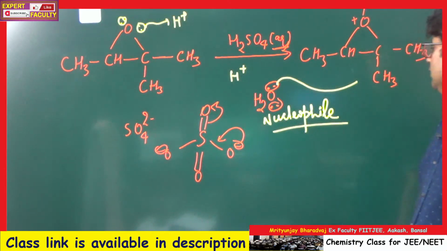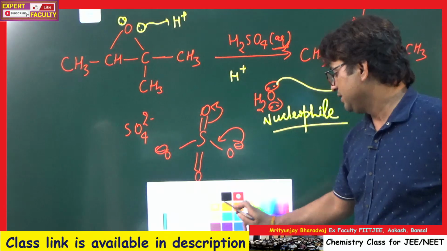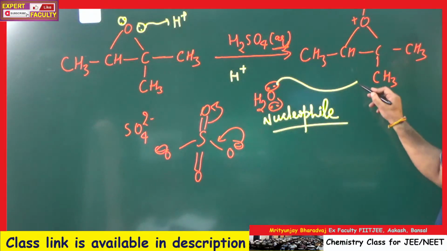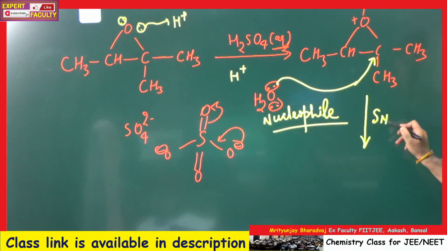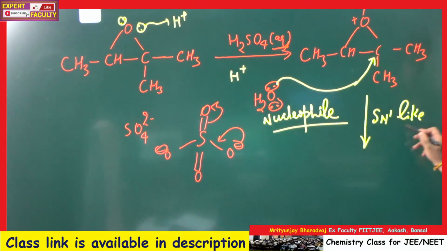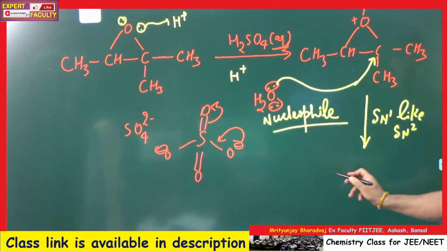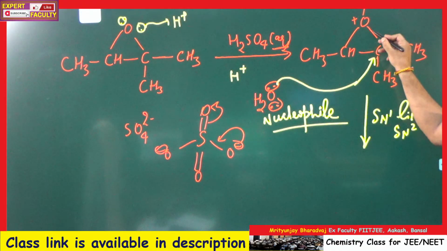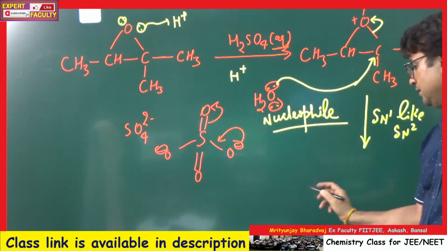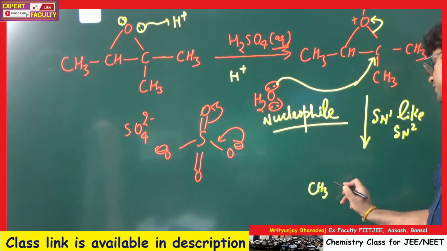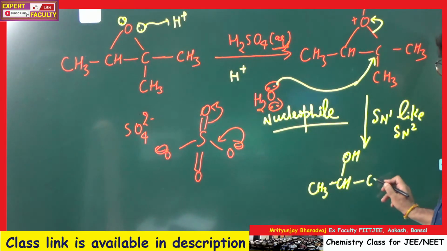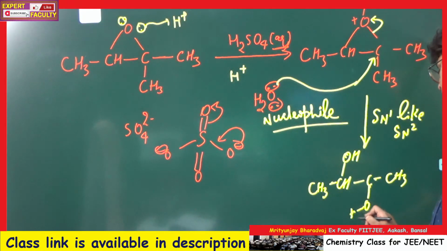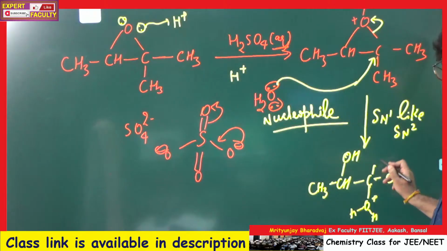And the nucleophilic attack will take place on which carbon? The carbon having higher stability. This will be SN1 like. So the bond pair will be taken by the oxygen, and the product will be CH3 CH CH3 with OH2 plus.